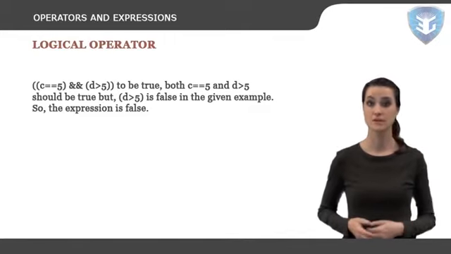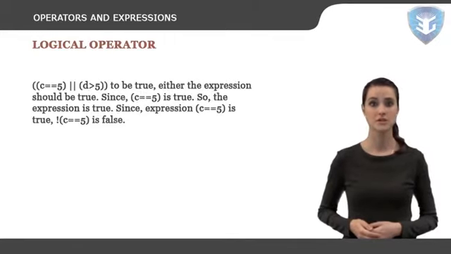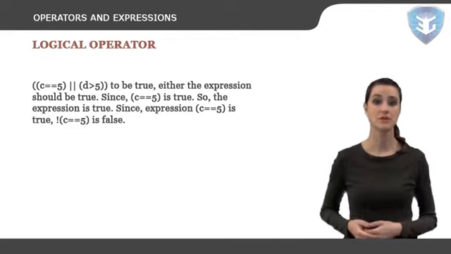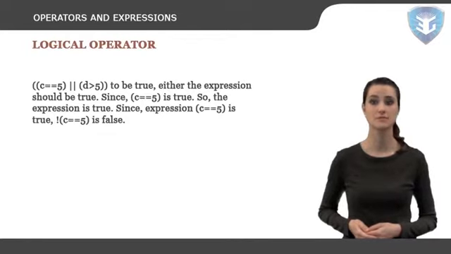So the expression is false. For expression C equals 5 logical OR D greater than 5 to be true, either expression should be true. Since C equals 5 is true, the expression is true. Since expression C equals 5 is true, logical NOT of C equals 5 is false.